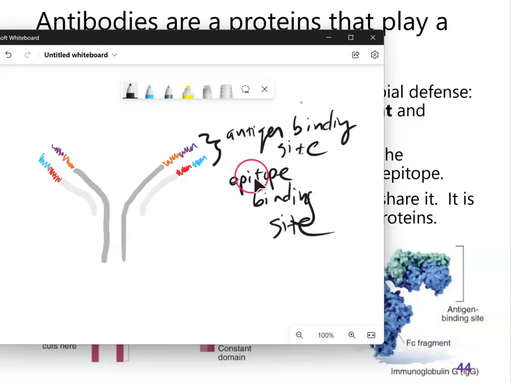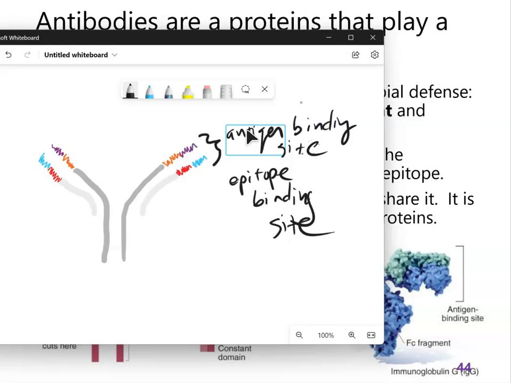But the difference is you really think of it as an antigen binding site when you're thinking about what antibodies are doing, and you think about an epitope binding site when you think about how they do it and how an immune response happens. So it kind of breaks my brain a little bit to try to decide, should I call them antigens or epitope binding sites?